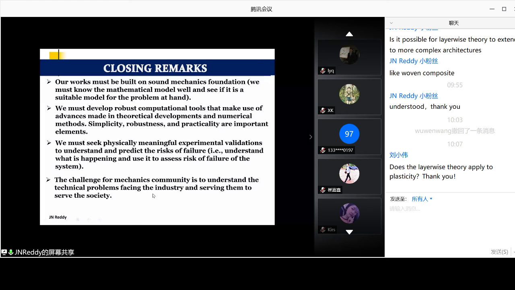But I think it is also good for us, both in terms of feeling good that we are doing something to help industry, and also understanding their problems may open up new areas of research and facilitate funding. Because if you work on problems facing industry, the industry might fund it, and the scientific agencies also see that you're trying to help the industry.